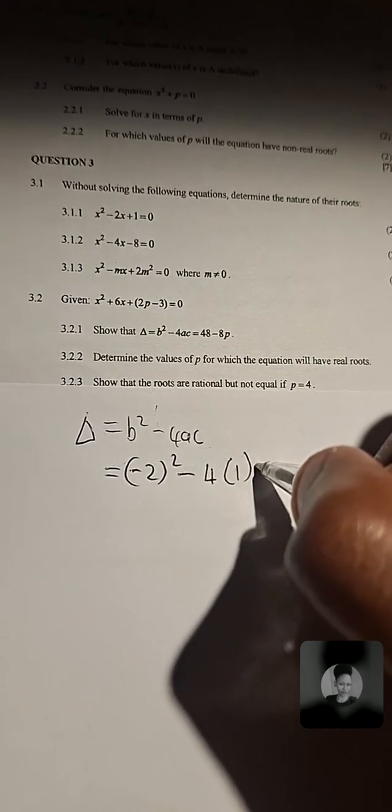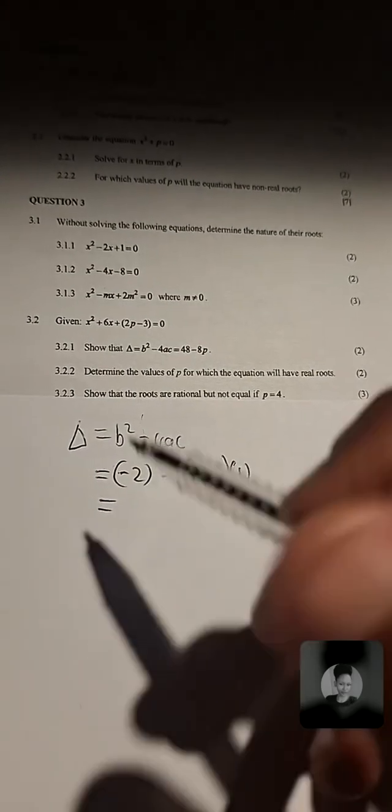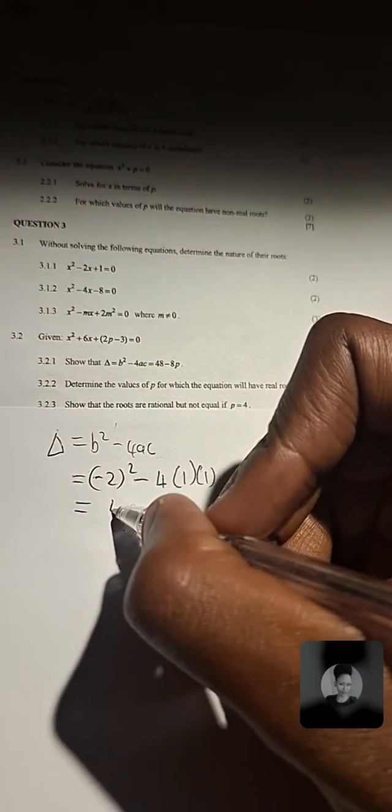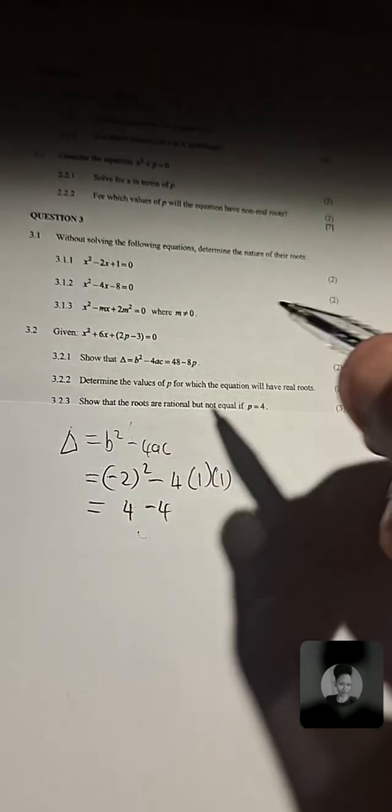And then c is going to be 1. Okay, awesome. Then what's the value? It's 4. Yes, 4 minus 4, which is going to be 0.